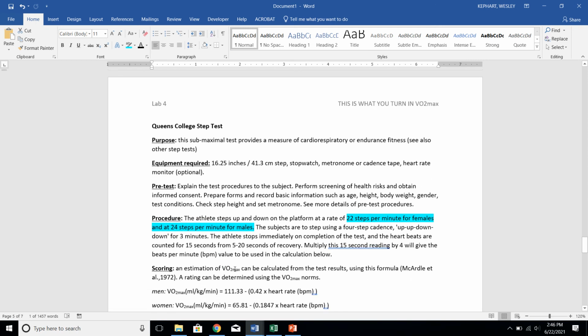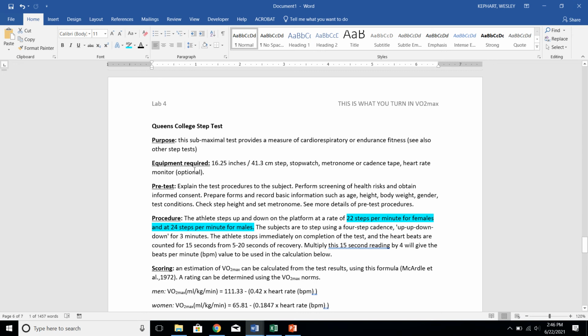All right. This last test that I want you to do. In one of our previous labs, we had you step up and down on a box. And the reason that I wanted it to be about 16.25 was in preparation for this.